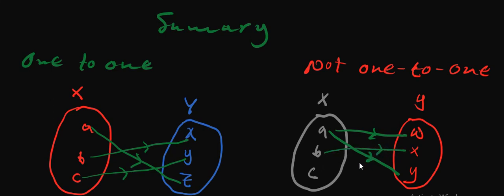Then this is not a one-to-one function. That's how easily you can identify a one-to-one function.